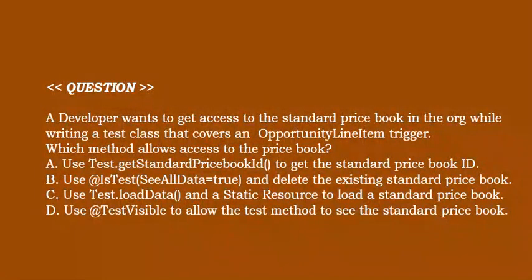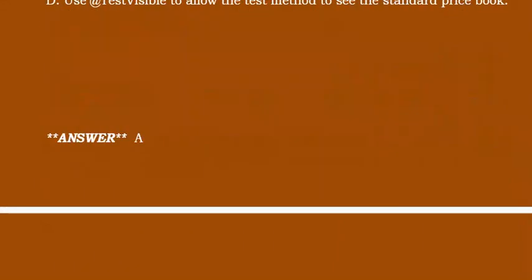Option B. Use @isTest(SeeAllData=true) and delete the existing standard price book. Option C. Use the Test.loadData method and a static resource to load a standard price book. Option D. Use @TestVisible to allow the test method to see the standard price book. Correct answer is option A.